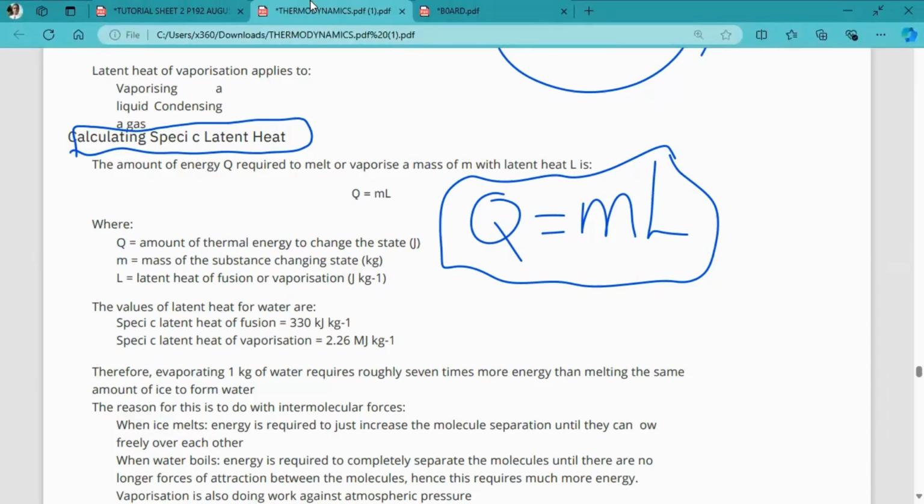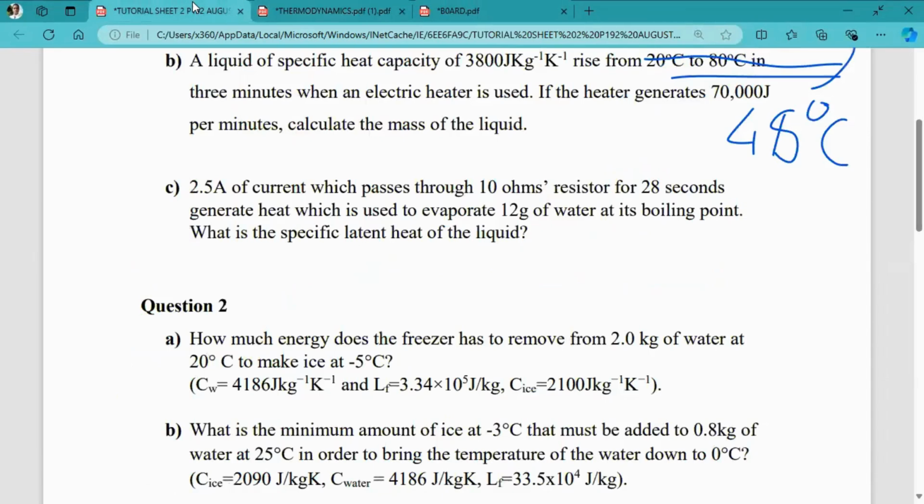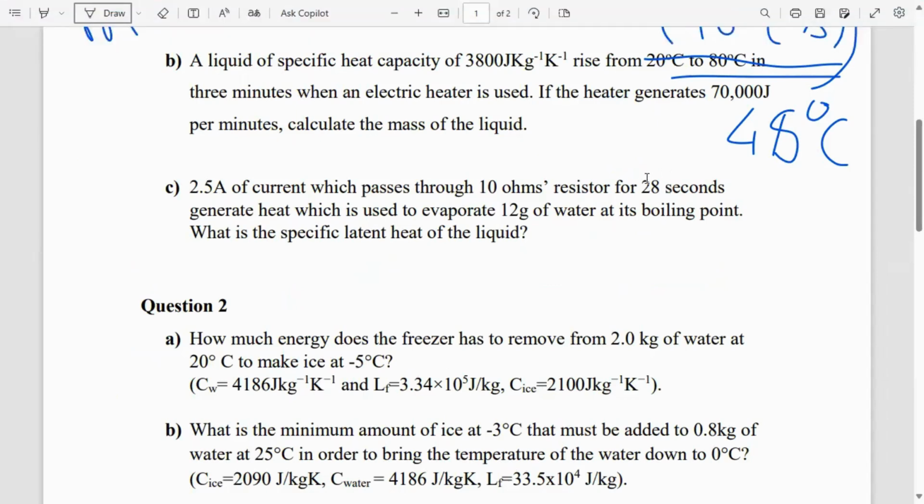So if we go to question 2, you'll see that they haven't given us the thermal energy. They've only given us a current passing through this resistor for this amount of time. This is the data we are going to use in order to calculate Q. Because if a certain amount of current is passing through a resistor, a certain amount of heat energy is released.